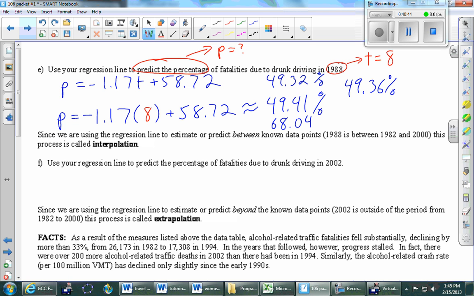Okay. All right, so we figured out the 68 one. We got to have a negative in front of that number. Maybe that was the mistake. All right, so we'll get rid of that one.